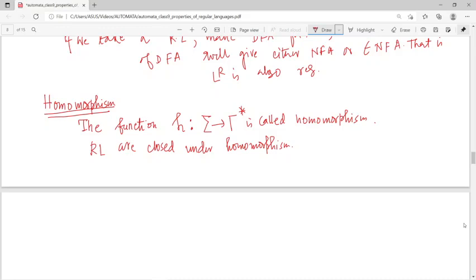Now how can we write it? If we take an example, say this set of alphabet is a, b and the other set of alphabet is 0, 1, 2. That is a different set of alphabet.